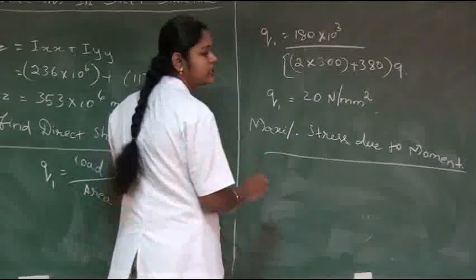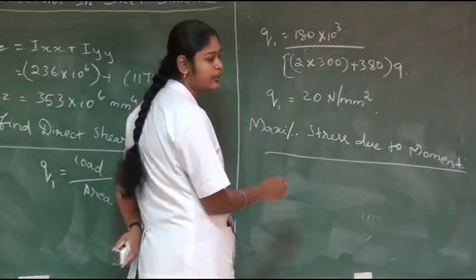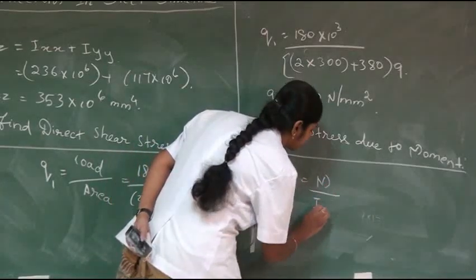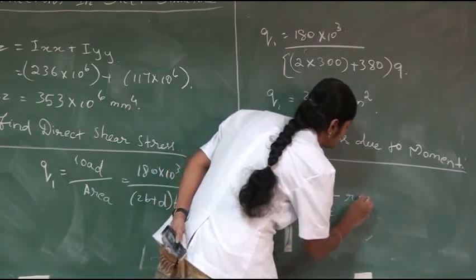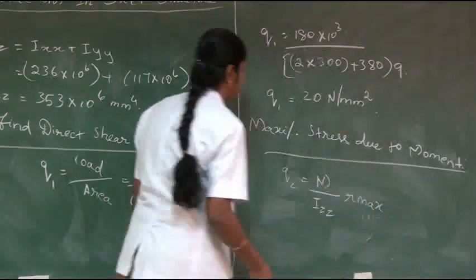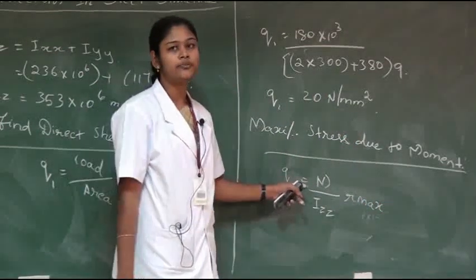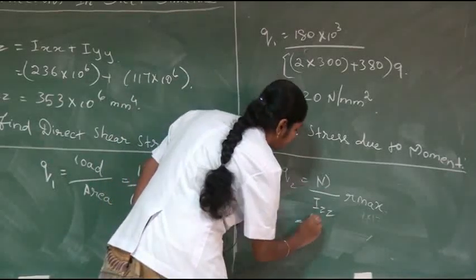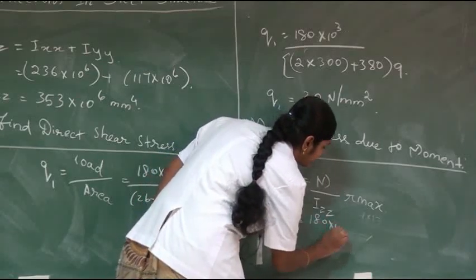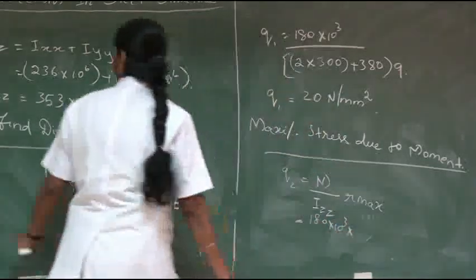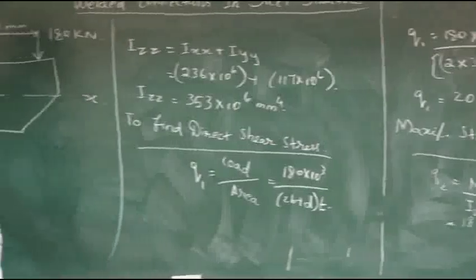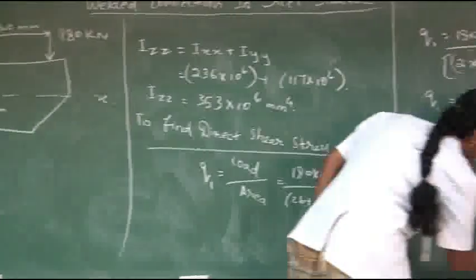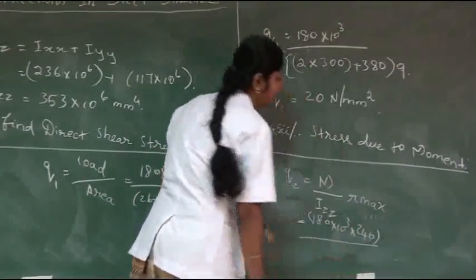For calculating the maximum stress due to moment, we have the formula Q2 is equal to moment divided by Izz into R max. For calculating the moment, we know the formula, that is the load into eccentricity. That is the load is 180 into 10 to the power 3 into eccentricity given in the problem is 240 mm, 240 divided by Izz we have calculated earlier.